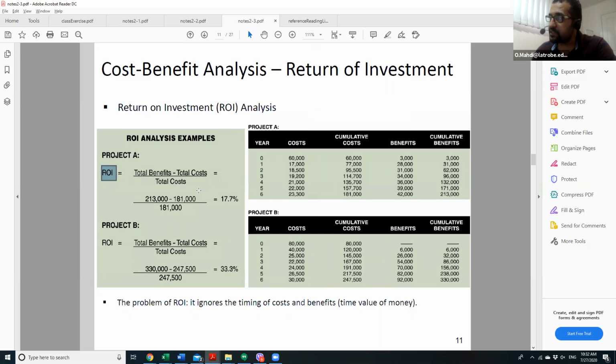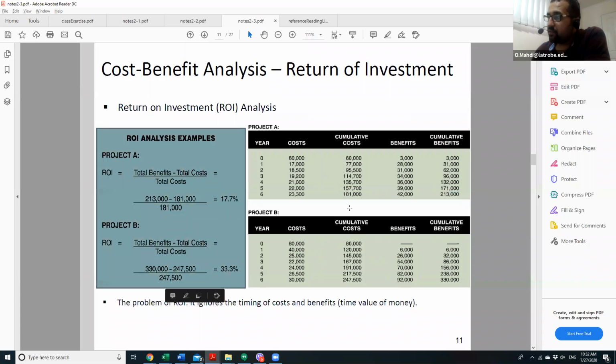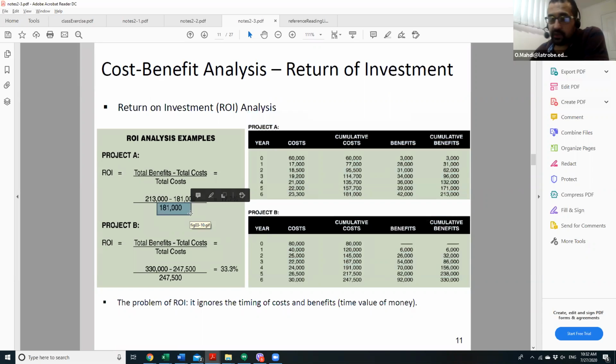For project A, the total benefits are 213,000, minus the total cost of 181,000, divided by 181,000, which is the total cost.